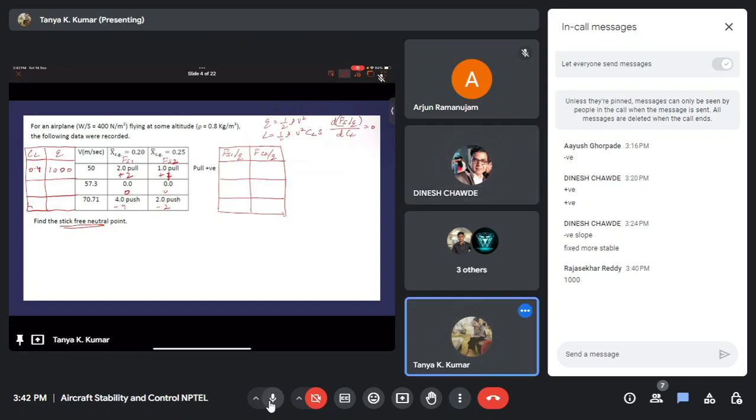For the second q, I'm just getting the double, and this is 0.2.